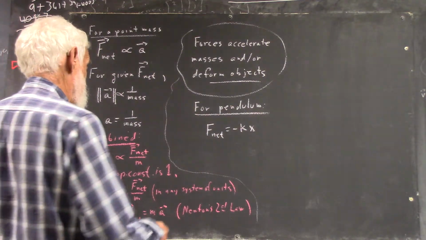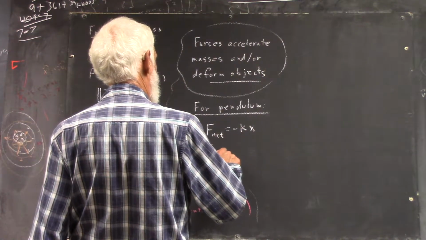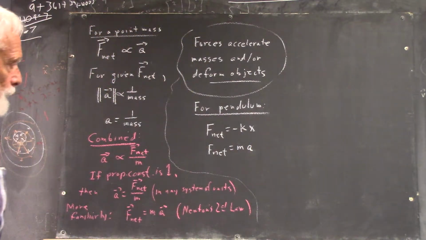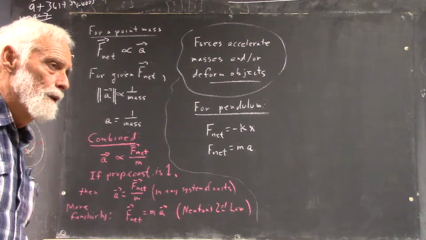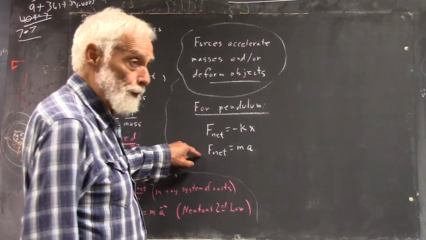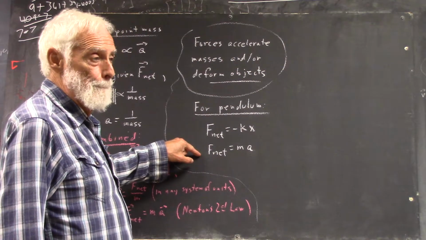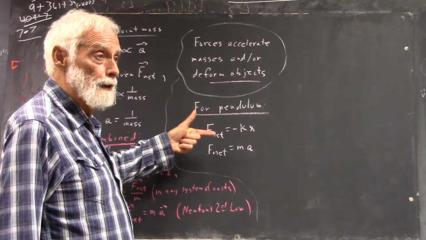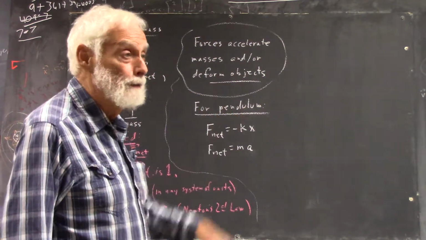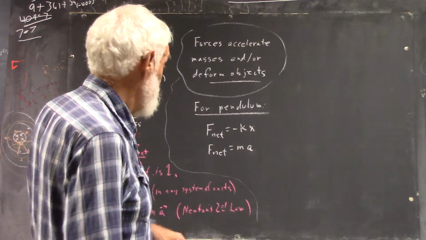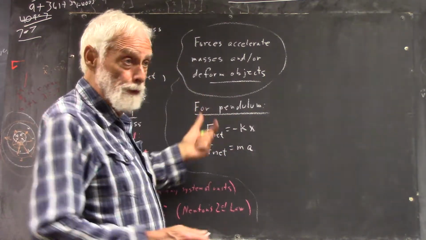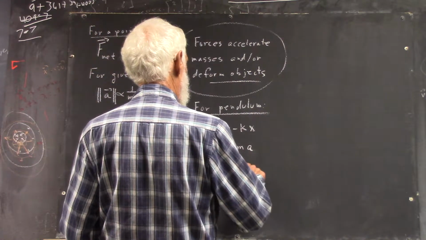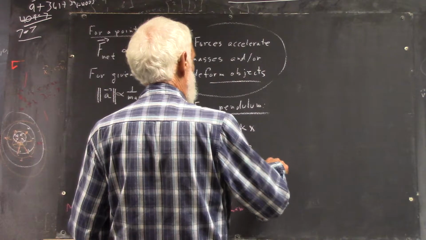And we have F net equals mass times acceleration. What can we conclude from this and this? Put these two together, what can you say? Mass times acceleration is equal to negative kx. Yeah, two things that are equal to the same thing are equal to each other, and hopefully you kind of remember that. I'm sure you've used that intuitively without even thinking about it.